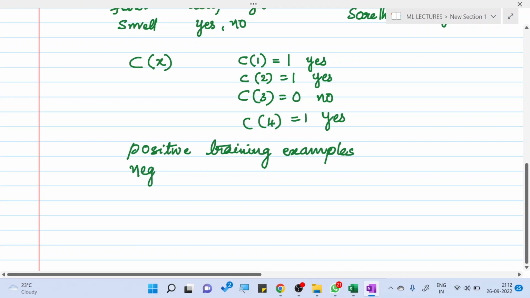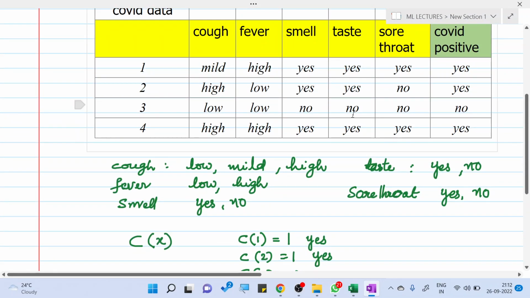So here, how many positive training examples are there and how many negative training examples are there? If you see the data, out of 4 training examples, we have 1, 2 and 4 as yes.